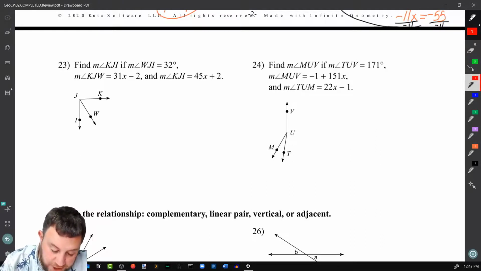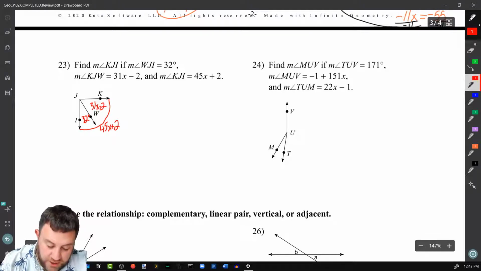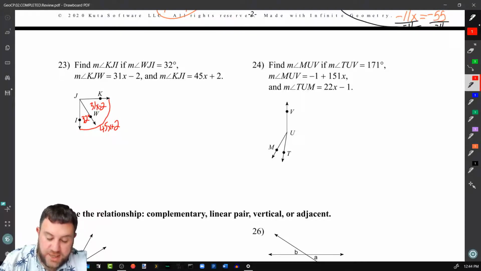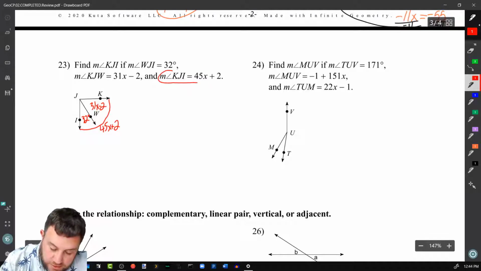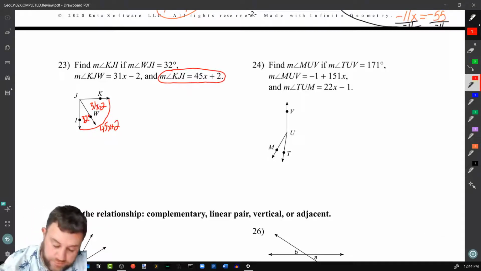Okay, WJI is 32 degrees. KJW is 31x minus 2. KJI, the whole thing, is 45x plus 2. And we're trying to find KJI, the whole thing. So I'm going to just put a circle right there to remind me that's what I need to plug into.